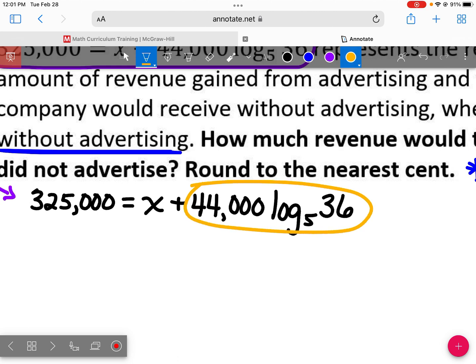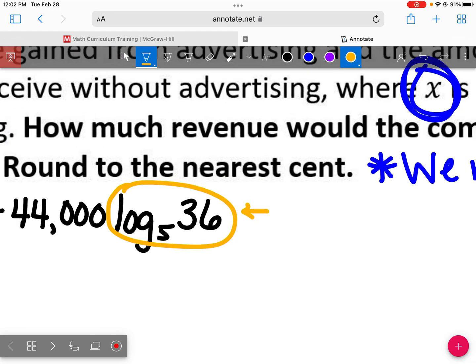If I knew how big that was, couldn't I just subtract it from both sides to get X all by itself? Can I put that part in yellow in my calculator? What do I have to do so that I can put it in my calculator? Use change of base here so we can put this in our calculator.